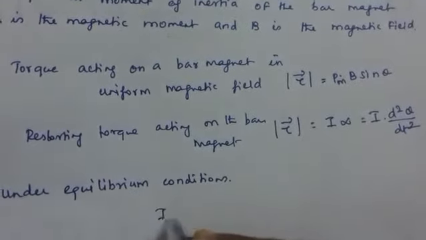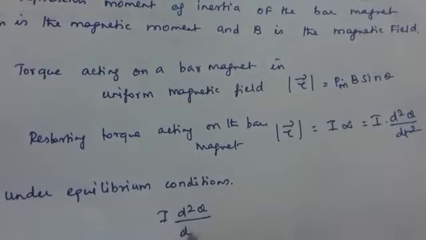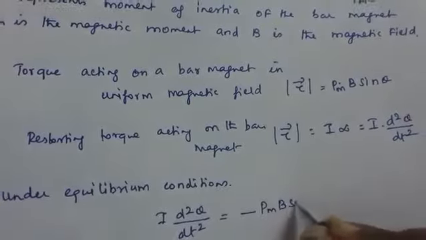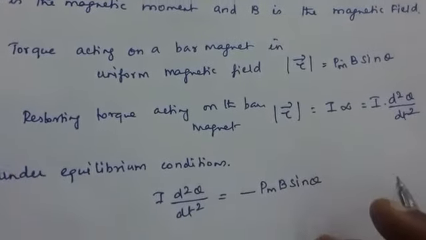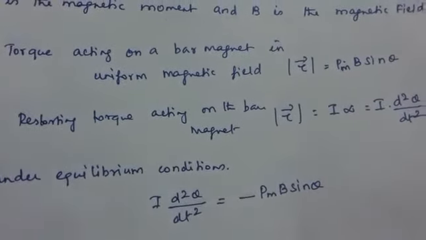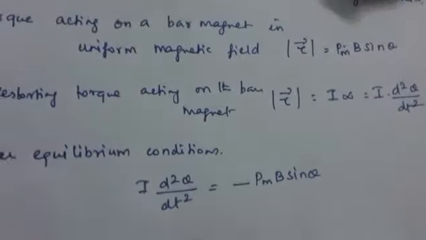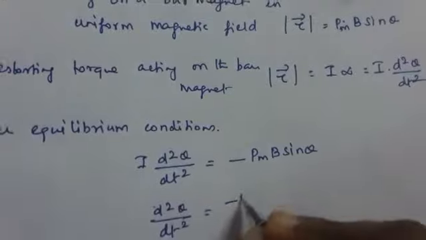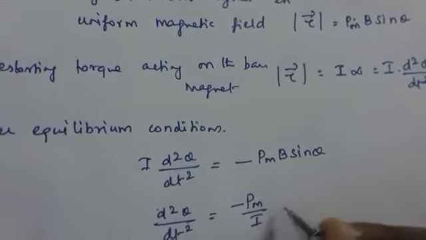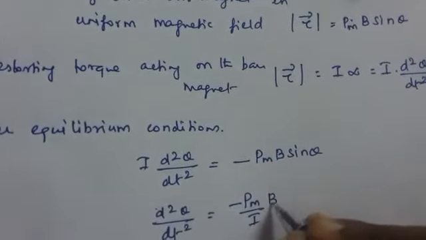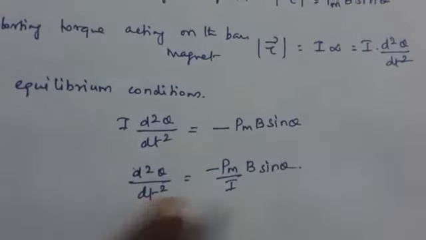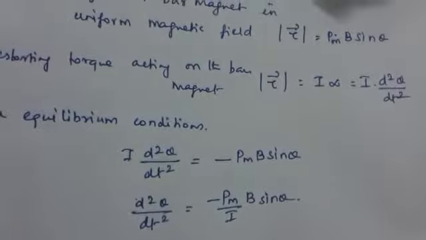So I can write I d square theta by dt square is equal to minus PMB sin theta, because it is acting in the opposite direction. Now this can be written as d square theta by dt square is equal to minus PMB by I sin theta. Now this is a non-linear second order equation.